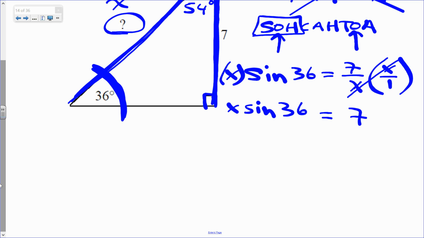What would I do to both sides to get x alone here? I want to get rid of the sine of 36. Since it means times, we'll do the opposite. So I'm going to divide both sides by the sine of 36.